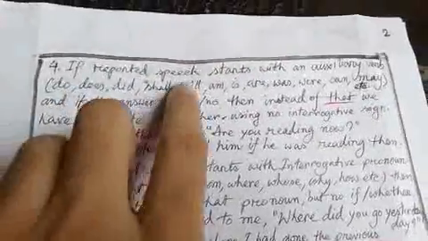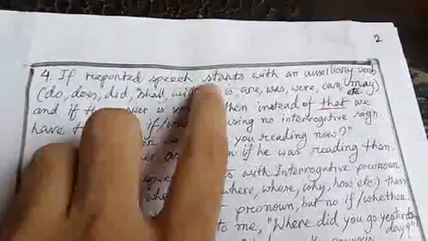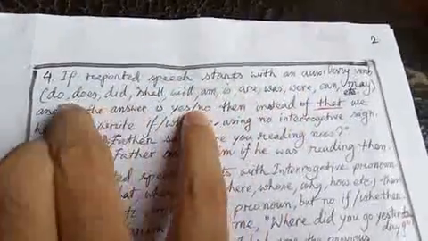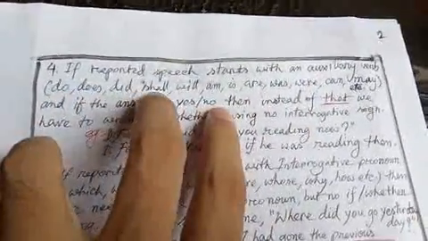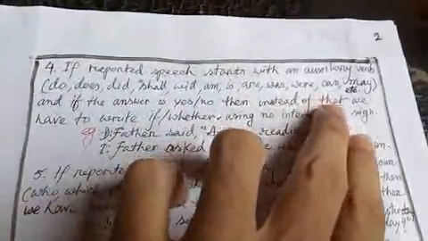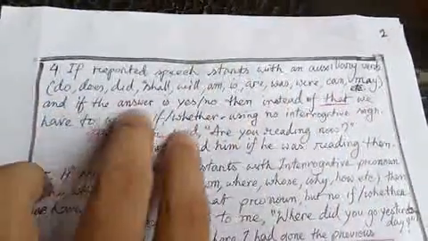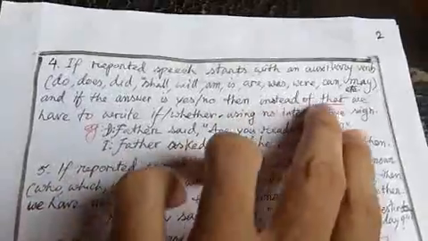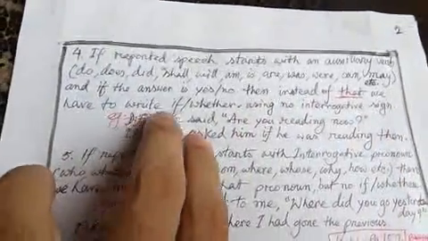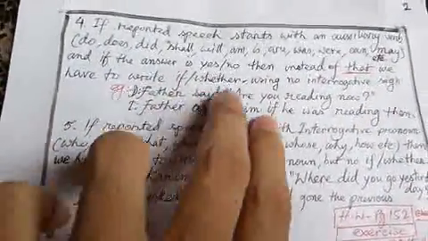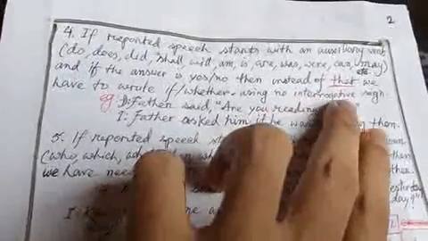Next rule: if reported speech starts with an auxiliary verb, such as do, does, did, shall, will, am, is, was, were, can, may, and the answer is yes or no, then we have to write "if" or "whether", and you have to use no interrogative sign.